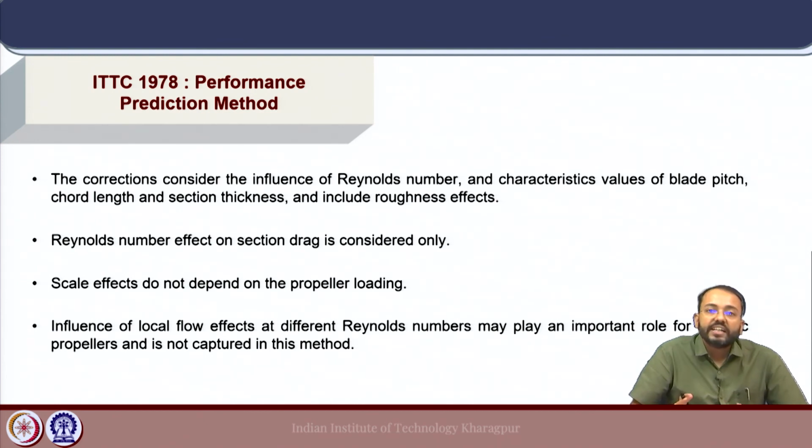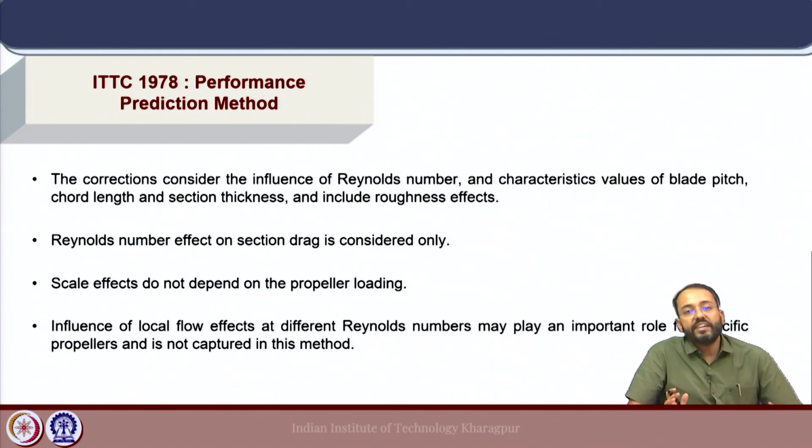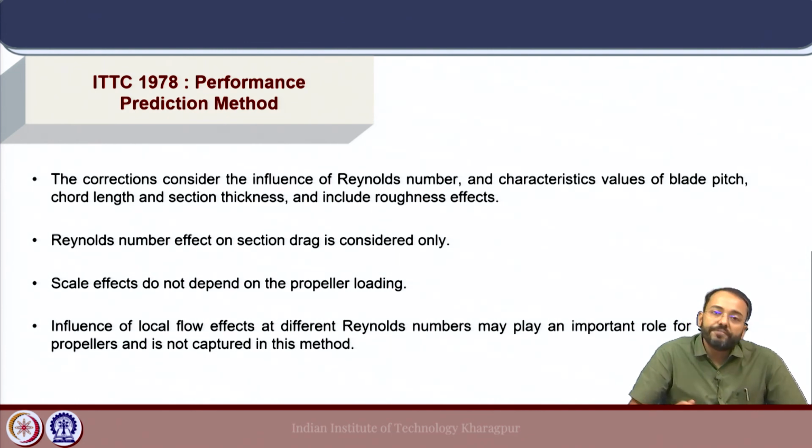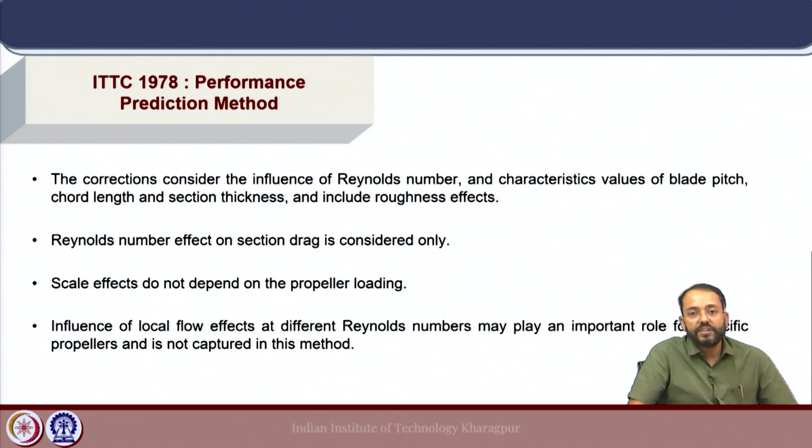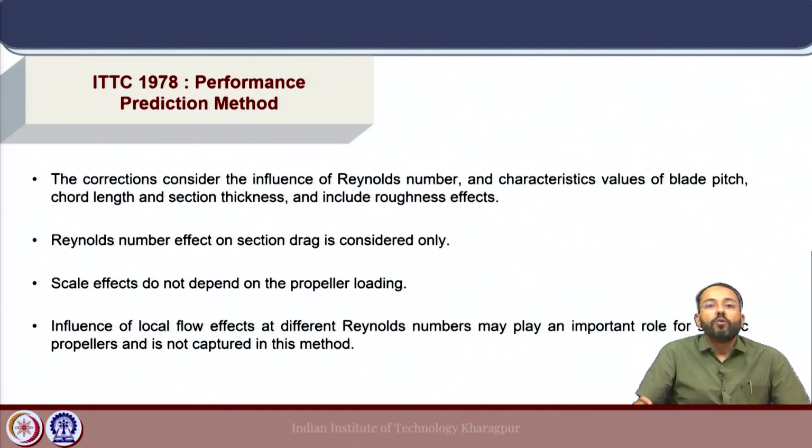So, what are the characteristics of this ITTC performance prediction method? The corrections are applied for the change in Reynolds number, and they are functions of blade pitch, chord length and section thickness, and roughness effects are also included using a particular value of standard roughness in the full scale. Now, the Reynolds number effect is considered only on the section drag.